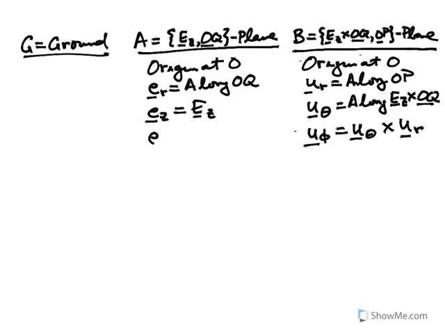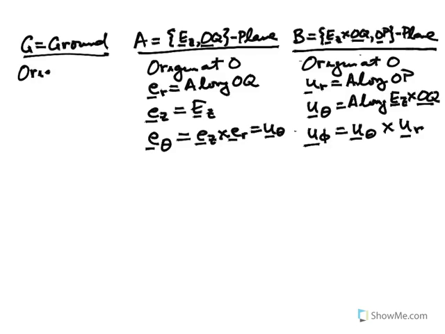And then E theta is going to equal EZ crossed with ER, which also happens to equal U theta. They're actually the same direction. The reason is I defined U theta as along EZ crossed with OQ, but OQ is the direction ER, so EZ crossed with ER is also equal to U theta. So E theta equals U theta.